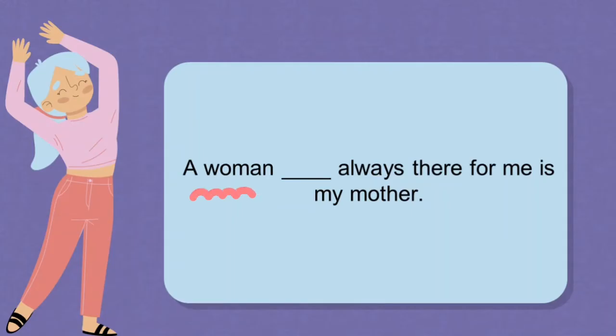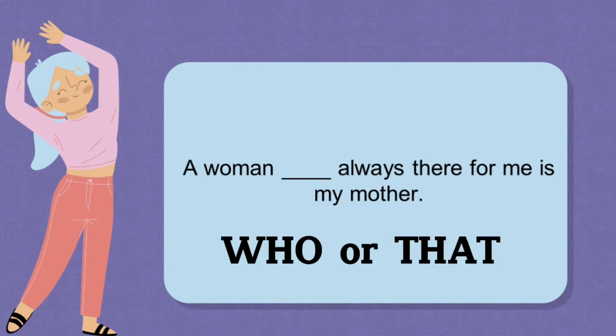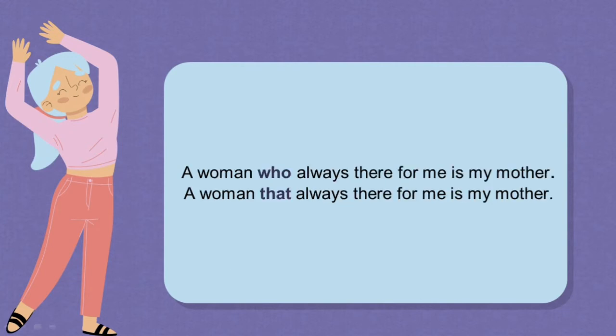Now about this one, we use the connector who or that. In these sentences, we can say either a woman who is always there for me is my mother, or a woman that is always there for me is my mother. Why? Because we don't mention any name.